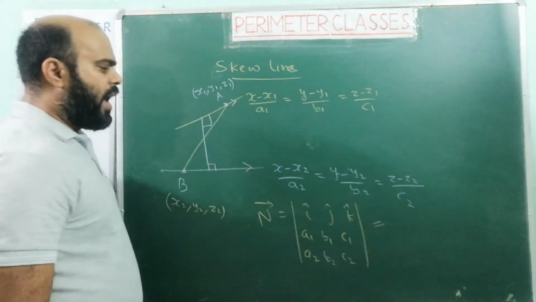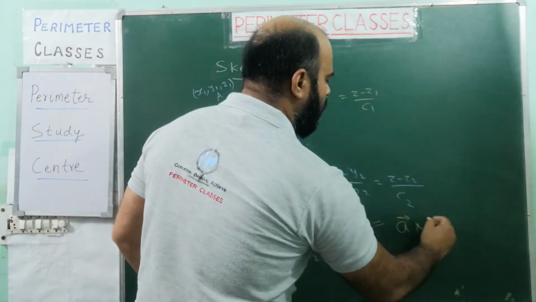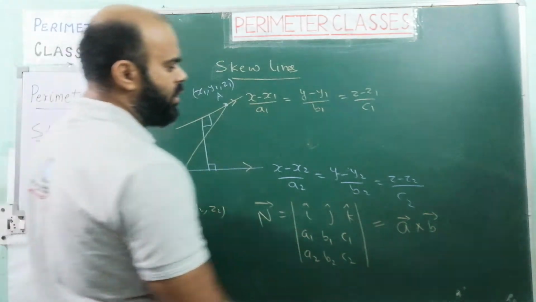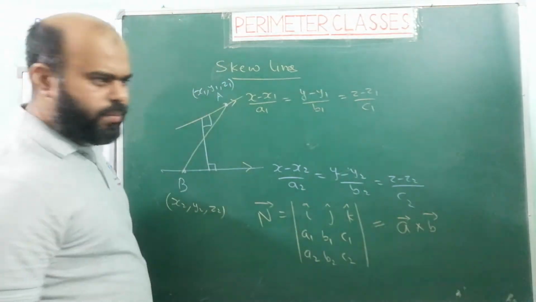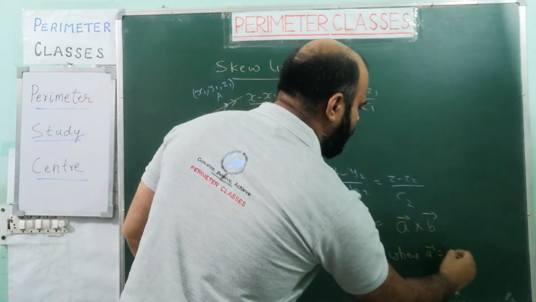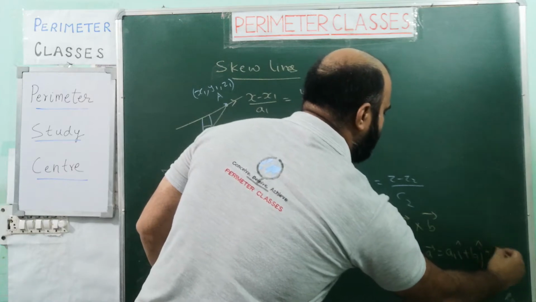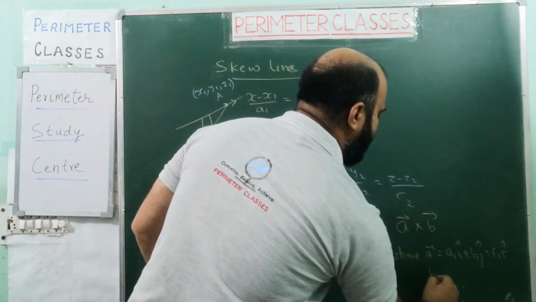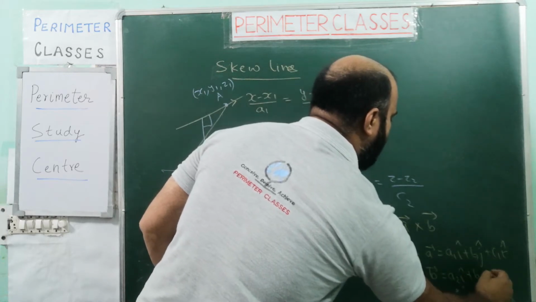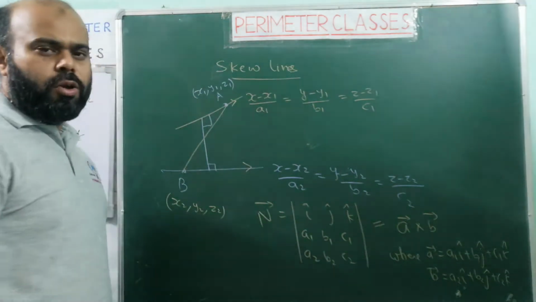In short, this is A cross B, where A stands for a1 i cap plus b1 j cap plus c1 k cap, and B stands for a2 i cap plus b2 j cap plus c2 k cap. So this is the common normal.